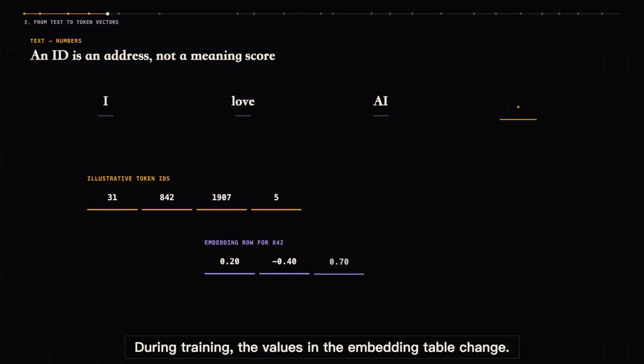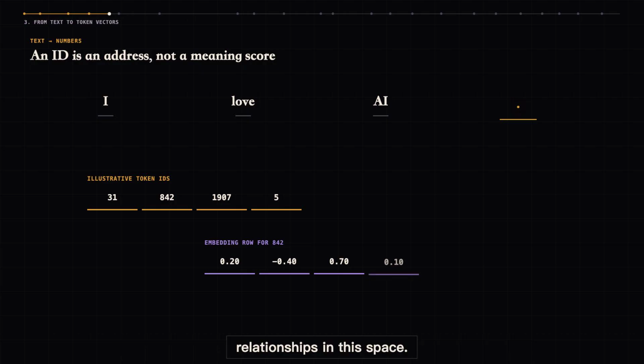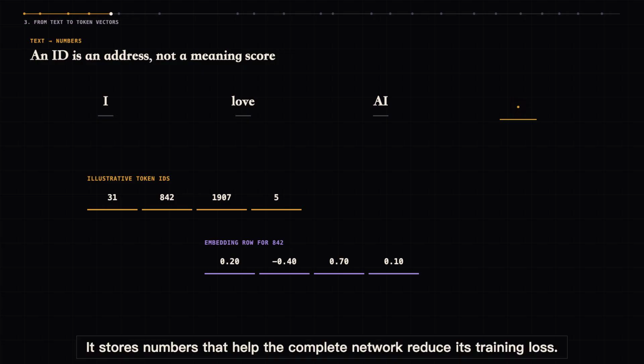During training, the values in the embedding table change. Tokens used in similar predictive contexts may develop useful relationships in this space. The table does not store a dictionary definition in plain language. It stores numbers that help the complete network reduce its training loss.